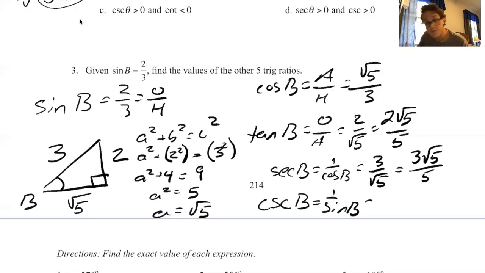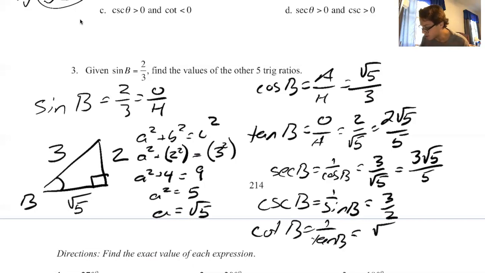It's the reciprocal of sine. So if sine was 2/3, this is just 3/2. And cotangent of B is 1 over the tangent. It's the reciprocal of tangent. So if tangent's 2 over radical 5, which rationalized is 2 radical 5 over 5, then this is just radical 5 over 2 in that case, right? And those are all of our other 5 trig values here. So 1, 2, 3, 4, 5, right?